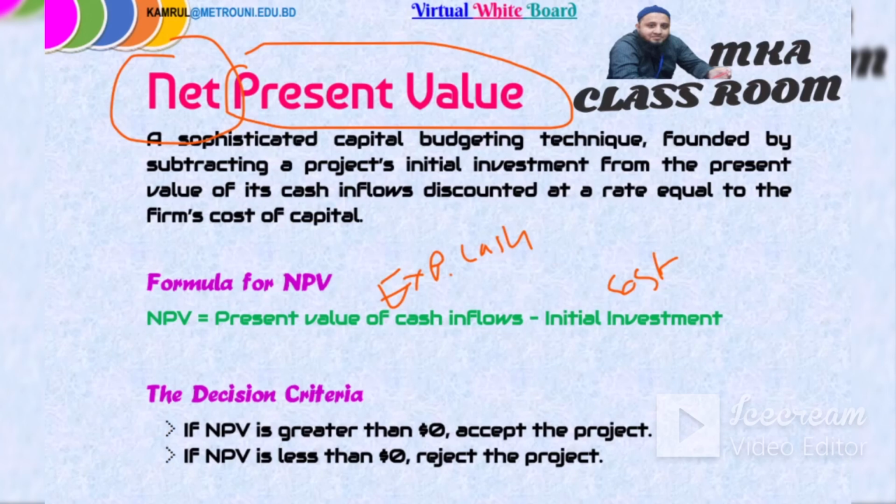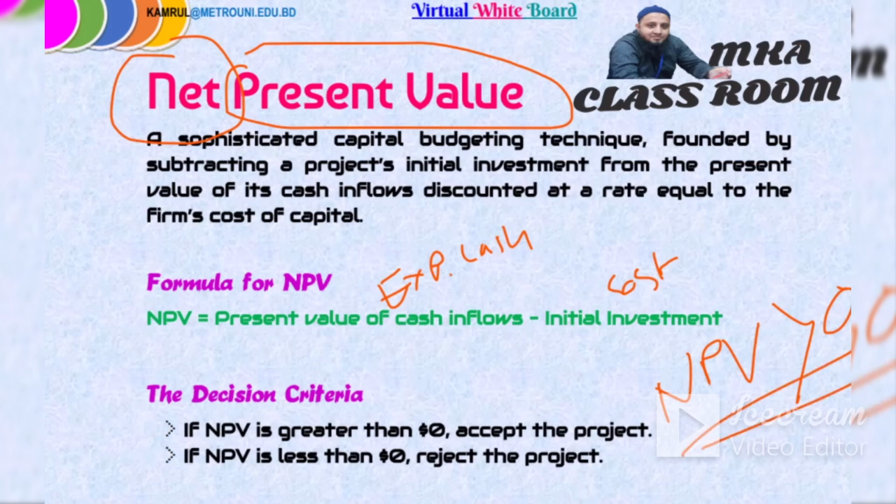So obviously there are several decision rules. If NPV is greater than 0, accept the project, otherwise it is rejected.